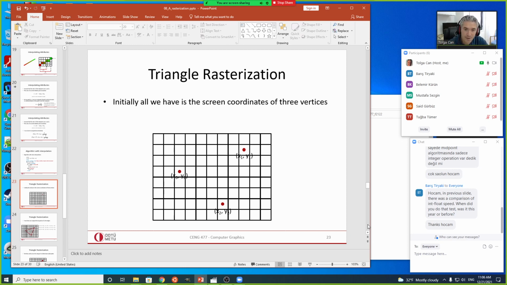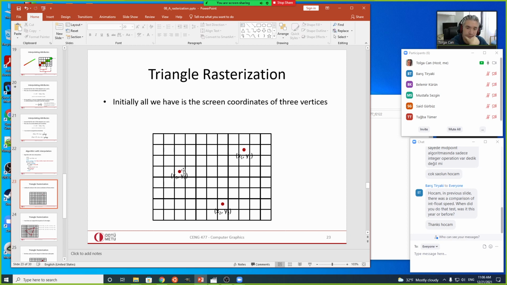So here, for the triangle rasterization problem, instead of 2 endpoints, we'll have 3 vertices of the triangle, and our goal will be to draw all the pixels that are inside the triangle, on the edges and on the inside. There are different approaches. The one that we are going to describe here may not be the most efficient one.